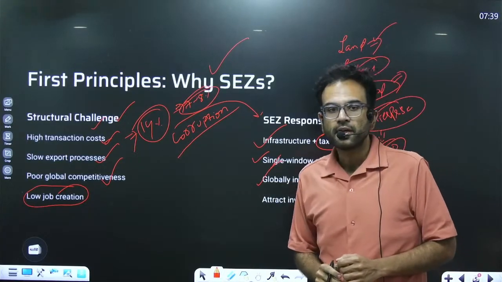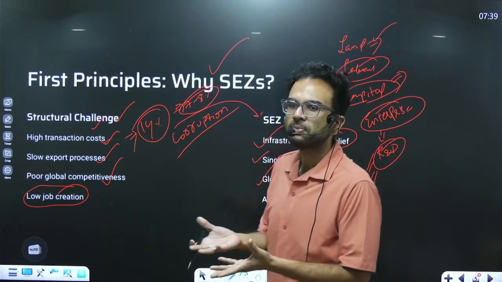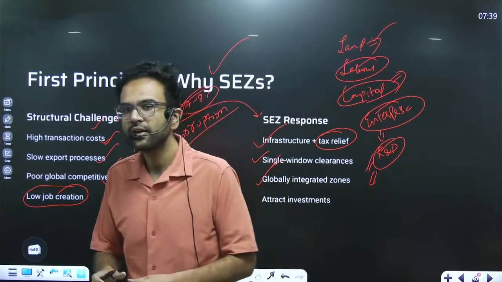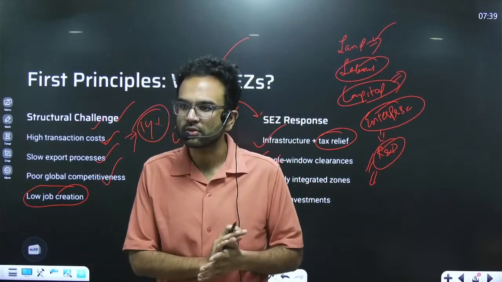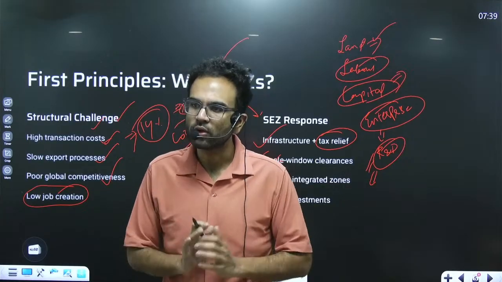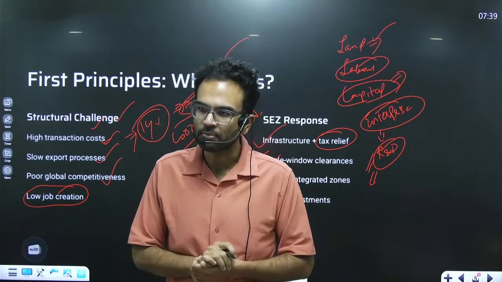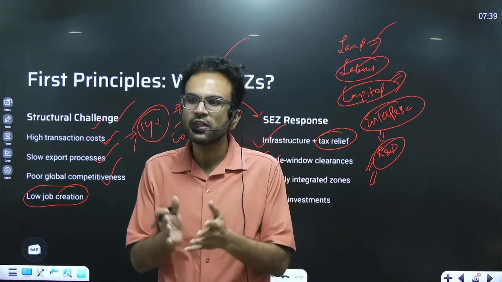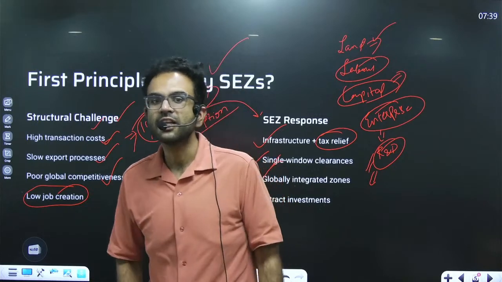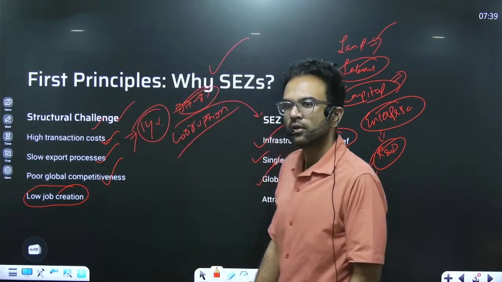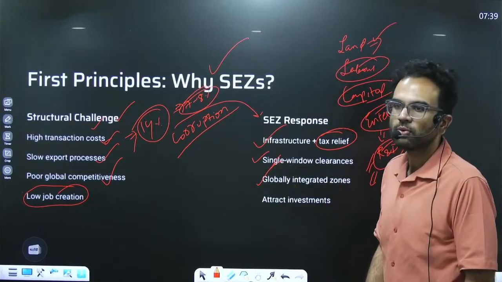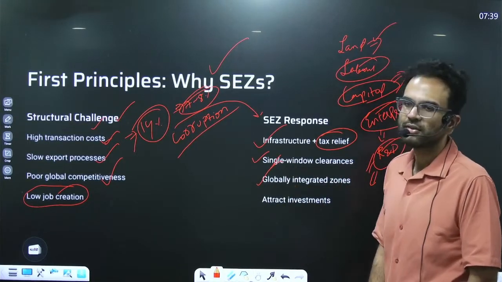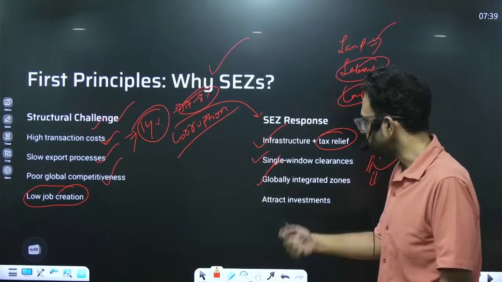Poor global competitiveness. See, usually these special economic zones were created near export infrastructure. Meaning, let's say you have a port, Kandla port for example. The special economic zones where exports were the major focus were created near those ports, and yet something did not click. Why? Let's see.